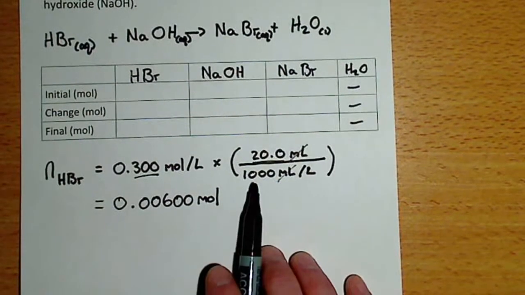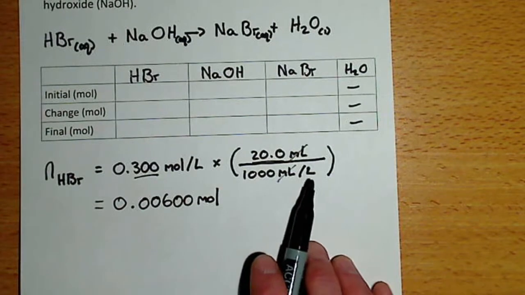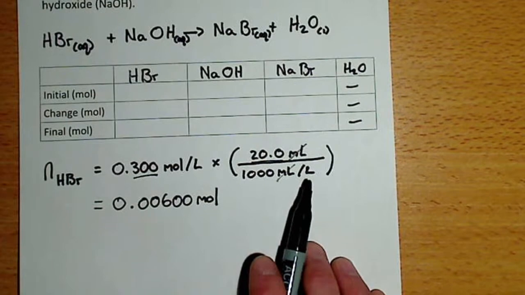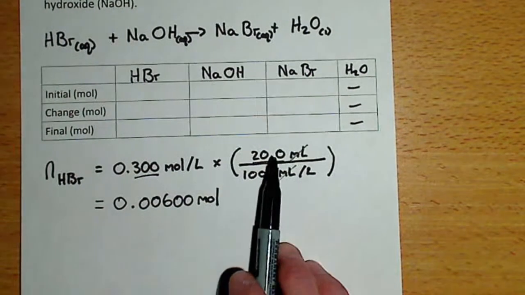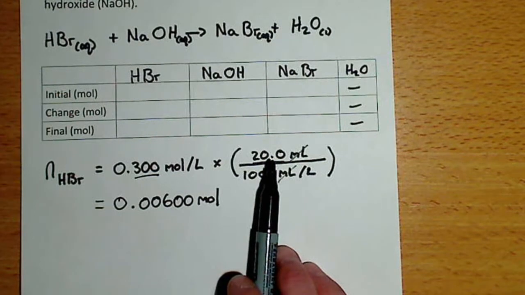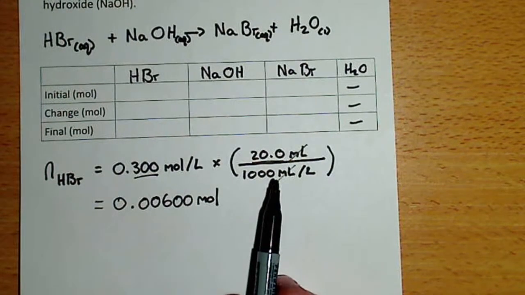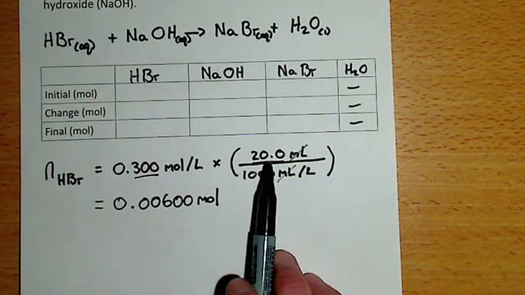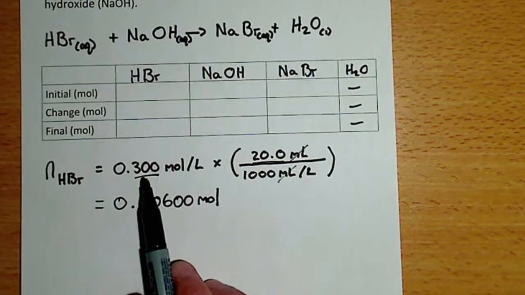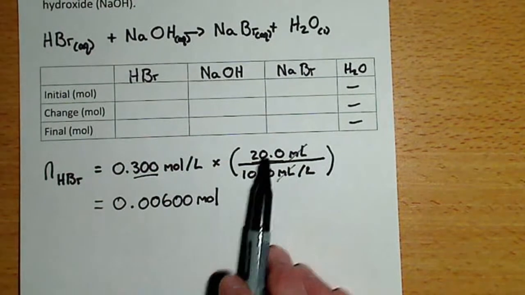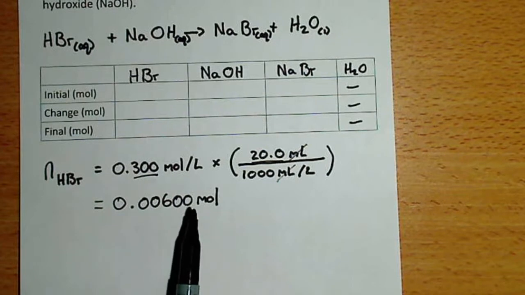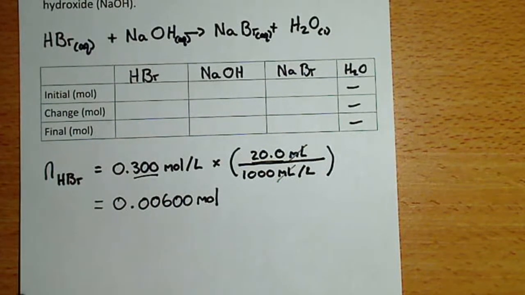Now, this value here, 1,000 milliliters per liter, is a conversion factor, and we can assume that it has an infinite number of significant digits. Therefore, when we divide a number with 3 significant digits by a value with infinite significant digits, we get 3 significant digits. We keep the lowest number. So 3 significant digits, 3 significant digits, and I've carried 3 significant digits, 600, into my mole amount.